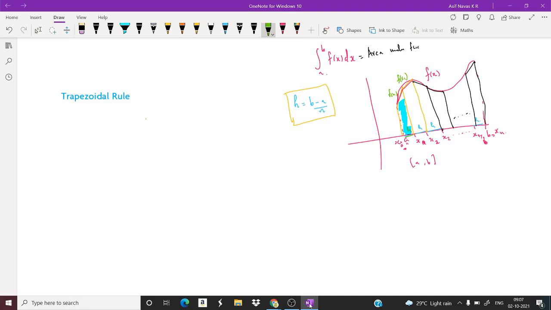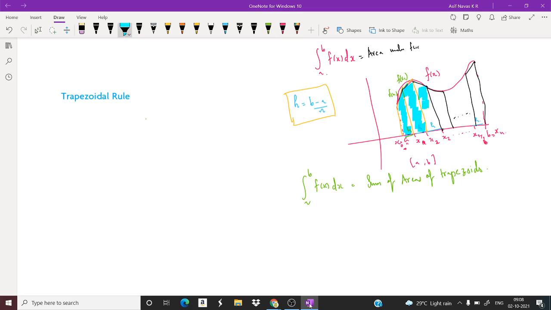So the integral from a to b of f of x dx is actually equal to the sum of the areas of the trapezoids.